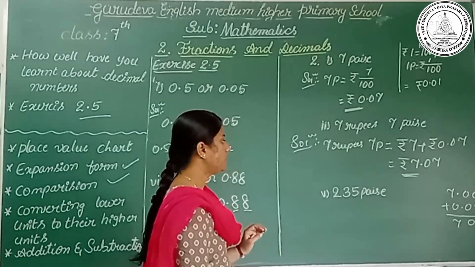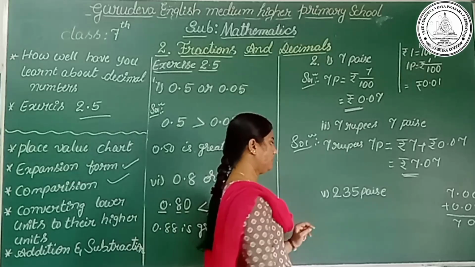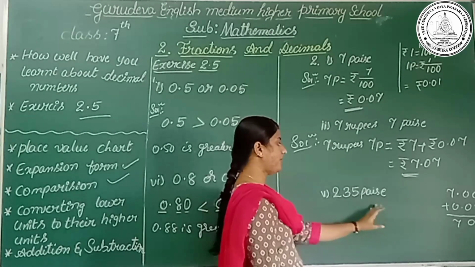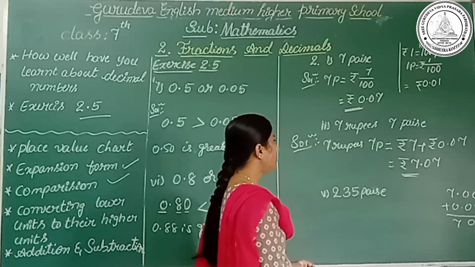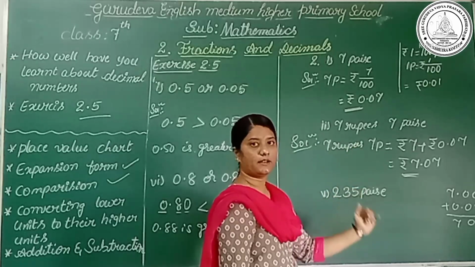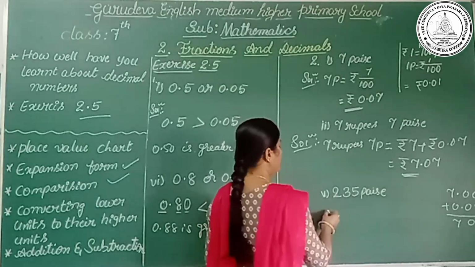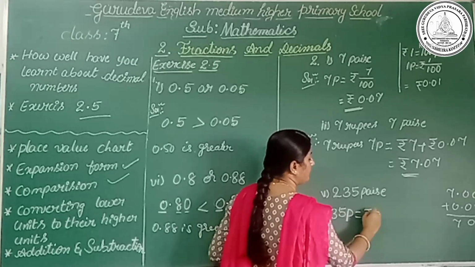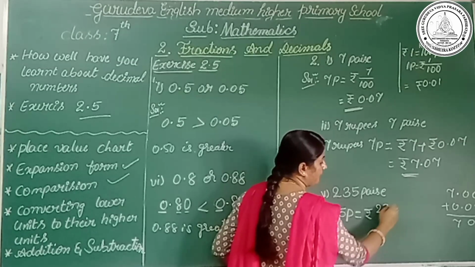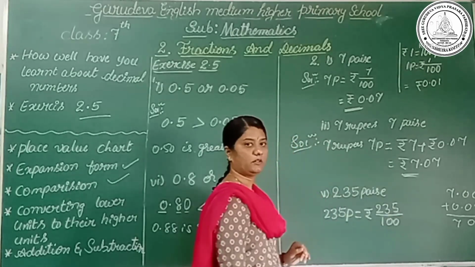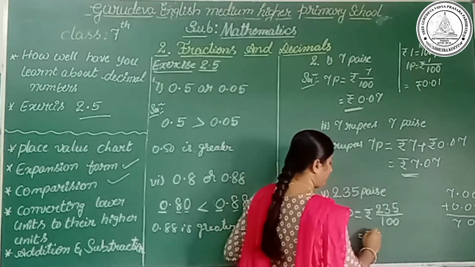Okay. Then let's express as rupees 235 paisa. So we know that 1 rupee is equal to 100 paisa, then 1 paisa is equal to 1 by 100 rupees. In the same way, 235 paisa is equal to 235 divided by 100 rupees.